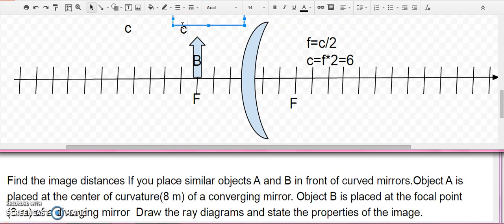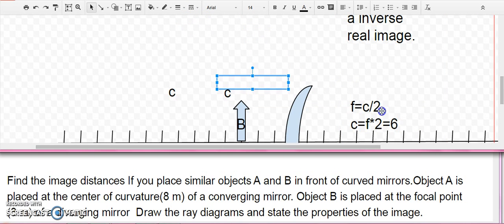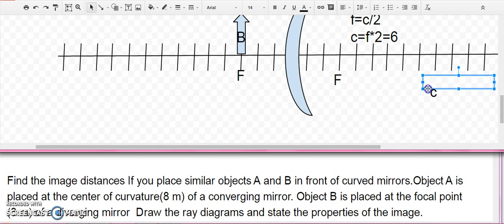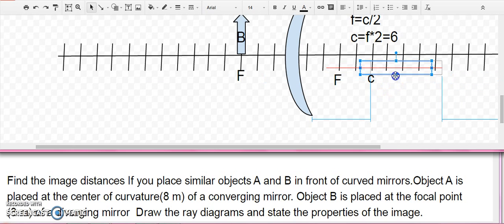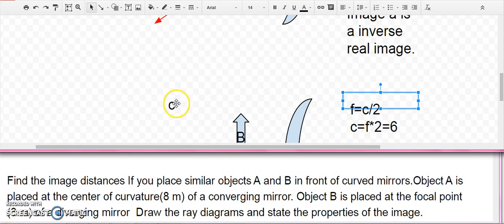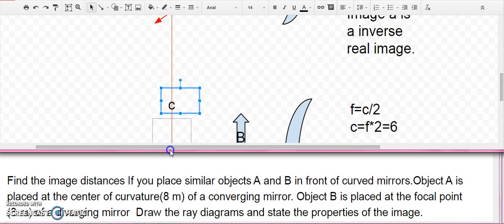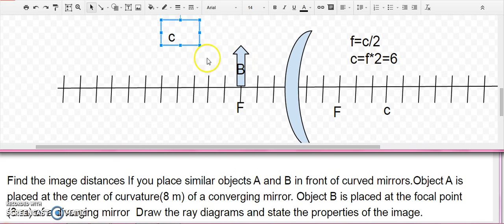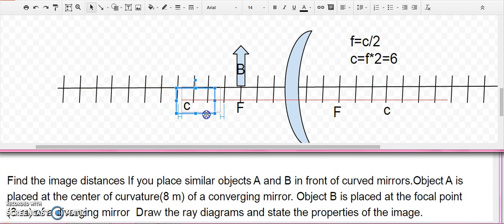So place your C at 6. But since our object's 1, 2, 3, more than that, so about there. 1, 2, 3, 4, 5, 6. Since our object B is on the focal point, we don't really need this side's center of curvature, but if you want to put it, you can, to make sure that you have all your steps covered.